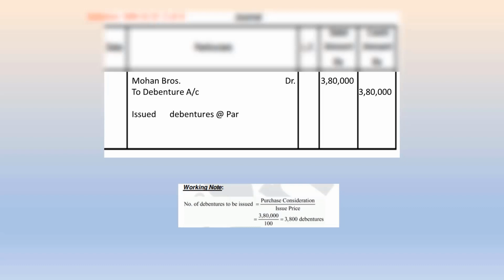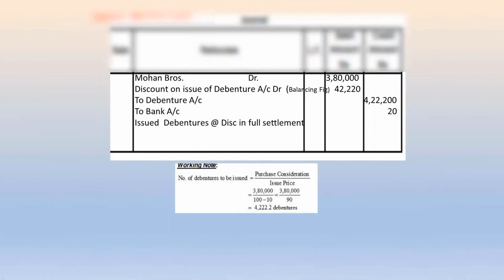In this next scenario, we now examine the situation where the discharge of the consideration is through the issue of debentures issued at a discount of 10%.